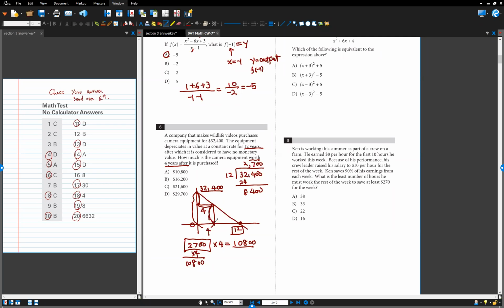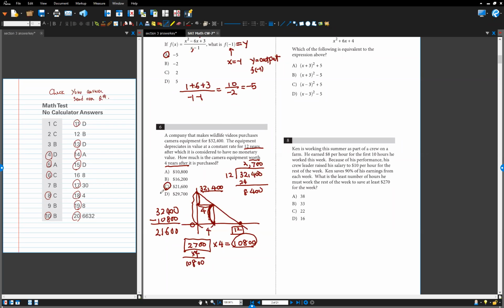So from 32,400 we take off the decreased portion, 10,800. When you subtract, you get 21,600. Choice C is the answer.